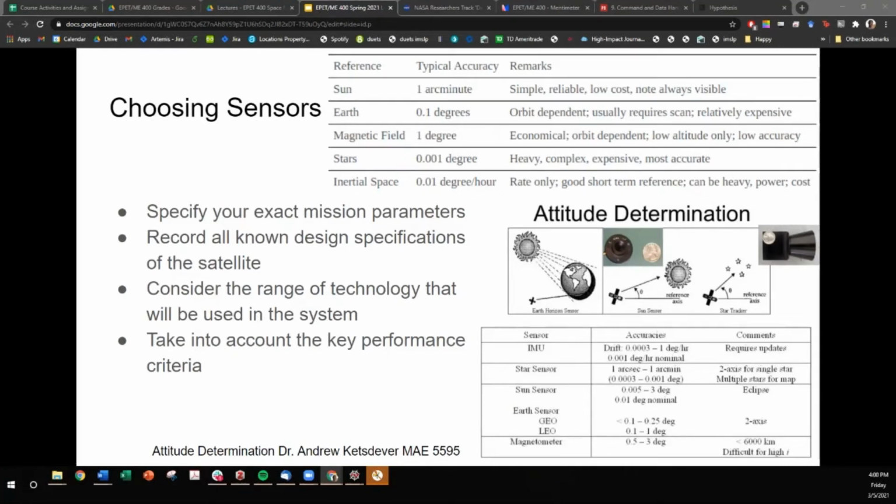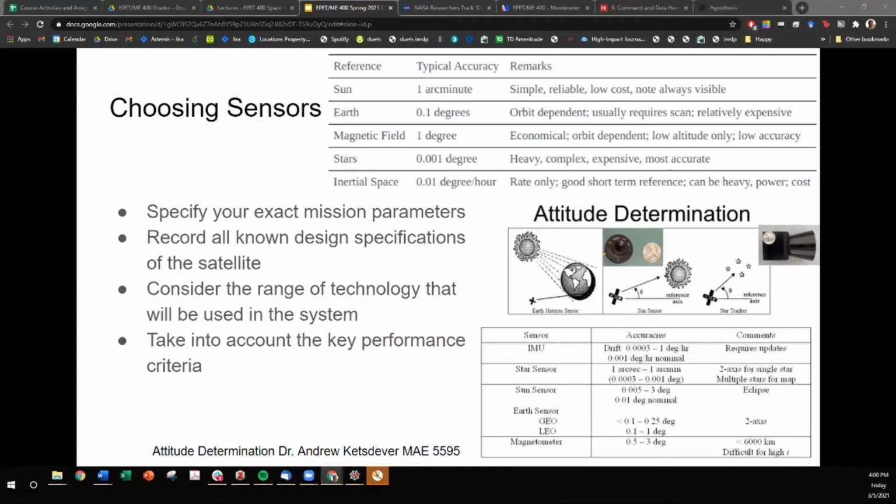You should record all known design specifications of the satellite. Consider the range of technology that will be used in the system, and take into account the key performance criteria that your spacecraft needs to manifest.